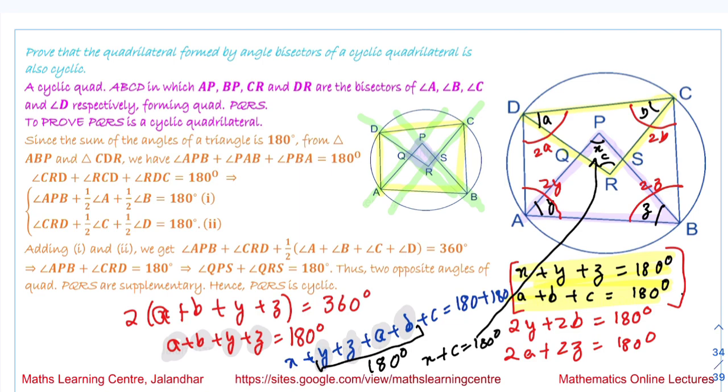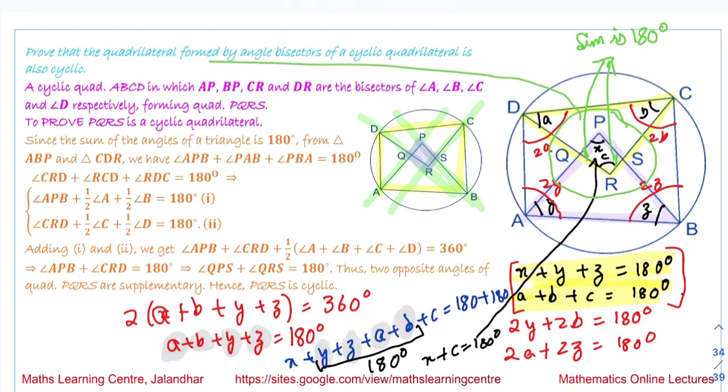Now we have this PQRS is a quadrilateral, so the sum of these two angles at Q and S is also 180 degrees. So this proves that this PQRS is a cyclic quadrilateral.